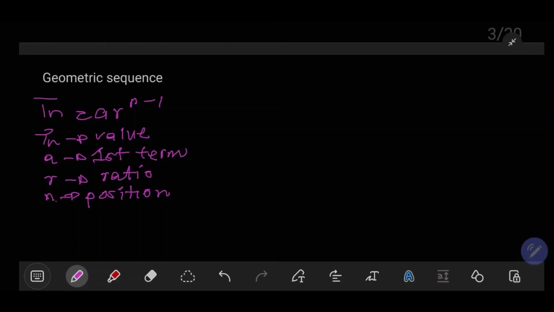This is a pattern whereby we no longer have a difference, but we have a ratio.